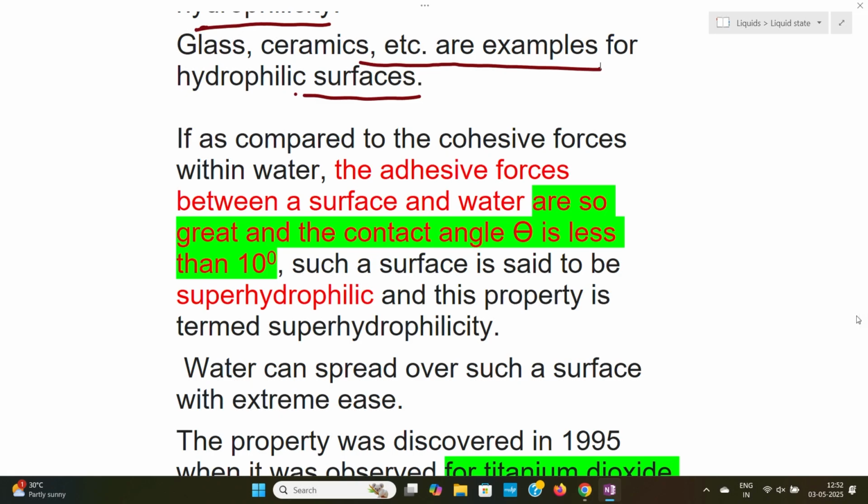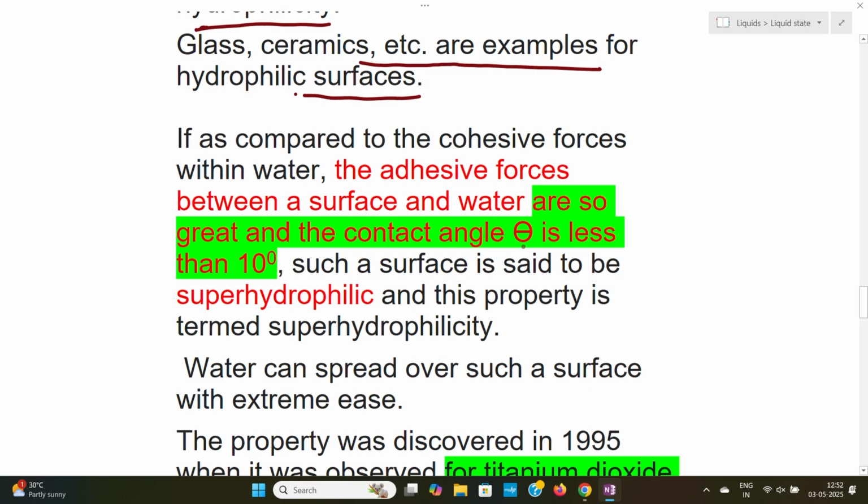If the adhesive forces between the water molecules and the solid surfaces are so great compared to the cohesive forces between the water molecules, and the contact angle theta is less than 10 degrees, such surfaces are said to be superhydrophilic surfaces, and this property is termed as superhydrophilicity.